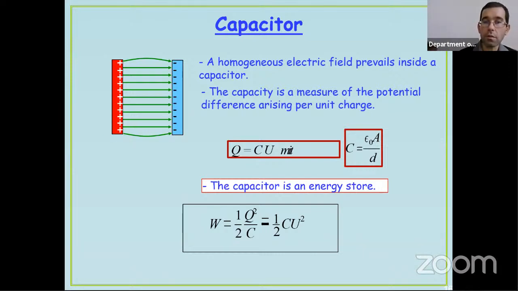This is a parallel plate capacitor illustrated here. Capacitors consist of two metallic plates separated by some non-conducting material. It can be air or any kind of non-conducting insulator.